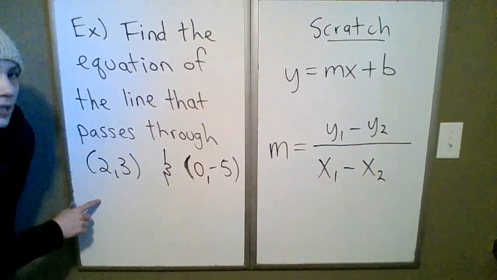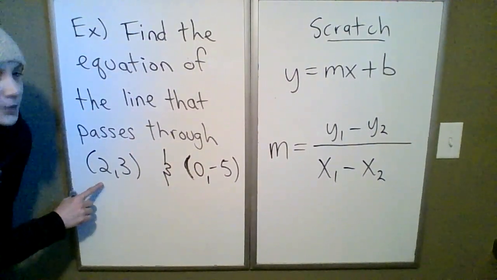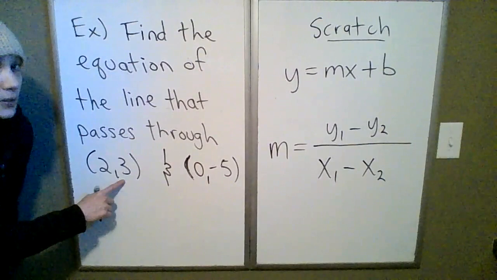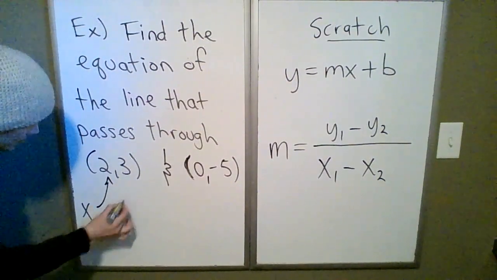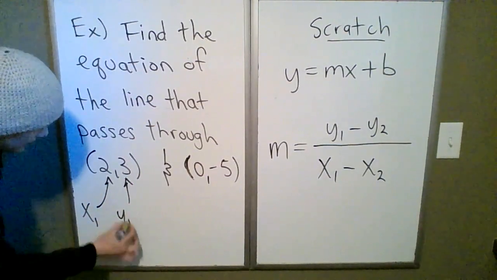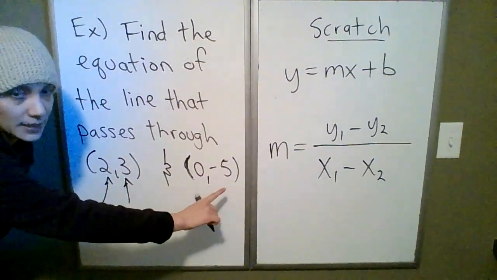So let's call this point the first point, and this will be x1 and y1. And then x2, y2.